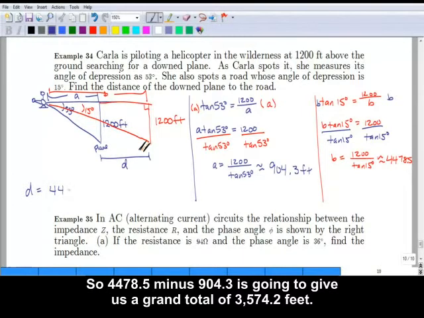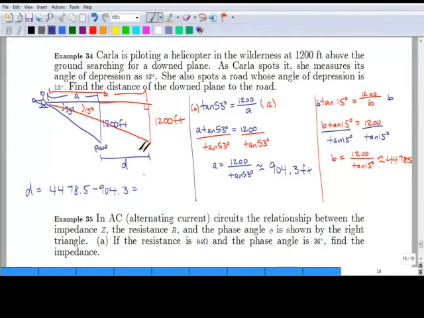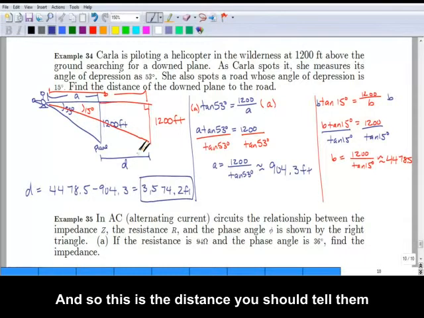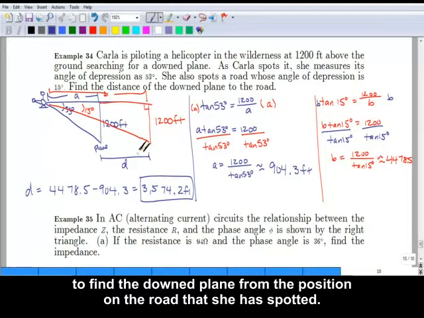So 4478.5 minus 904.3 is going to give us a grand total of 3,574.2 feet. And so this is the distance she should tell them to find the downed plane from the position on the road that she has spotted.